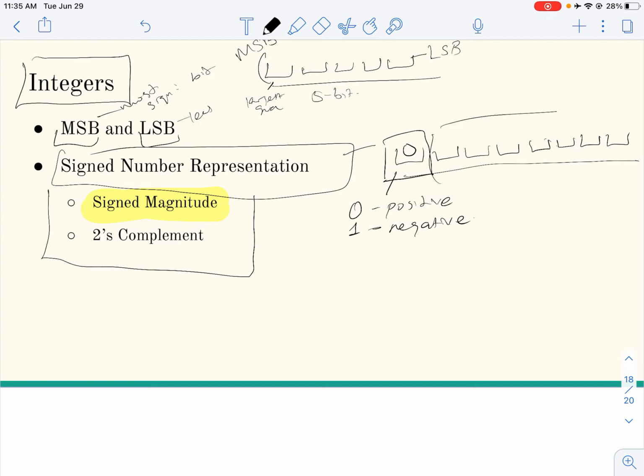Then the remaining bits show the number. Okay? So like I could say 1 0 0 1.